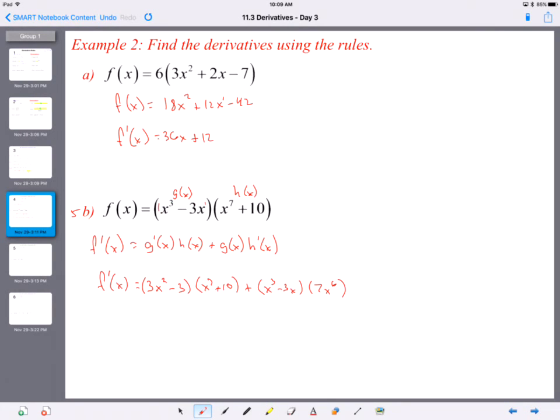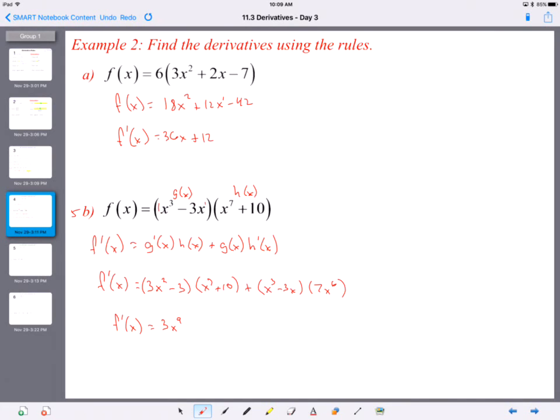When you simplify these derivatives, I want to make sure that you simplify as much as you can, as long as you don't have anything raised to the 3rd power or higher on, let's say, one of these binomials or something. So we can go ahead and multiply this out and see what we get. So 3x squared times x to the 7th would be 3x to the 9th. You add the exponents because you're multiplying.